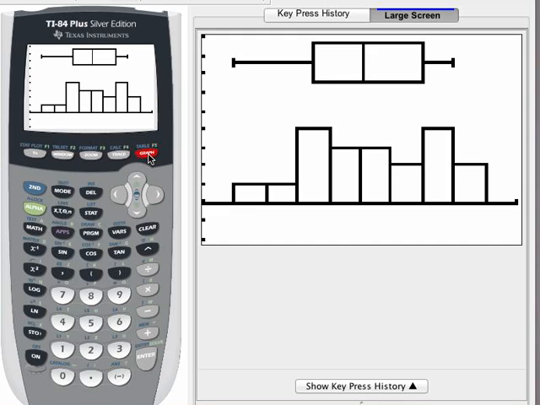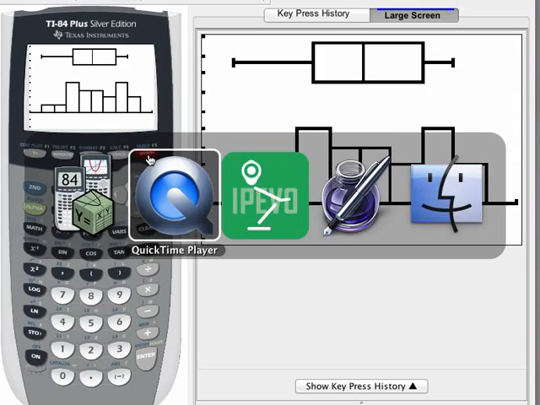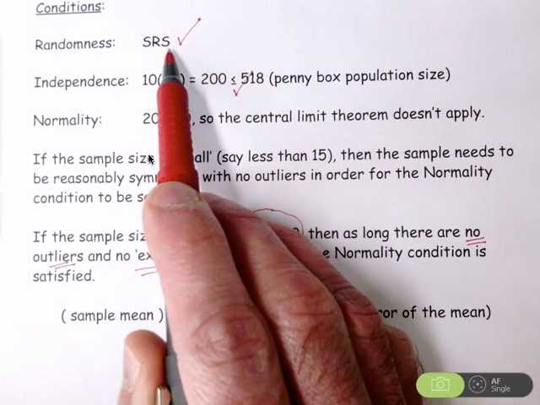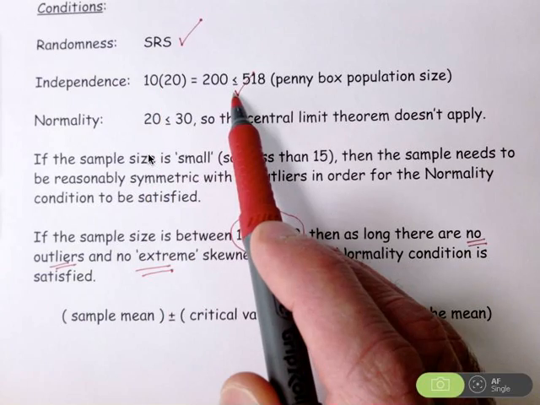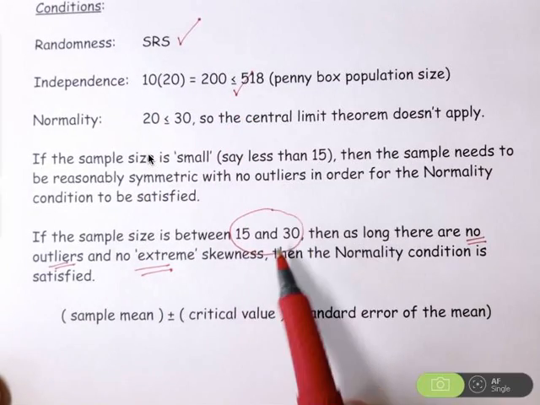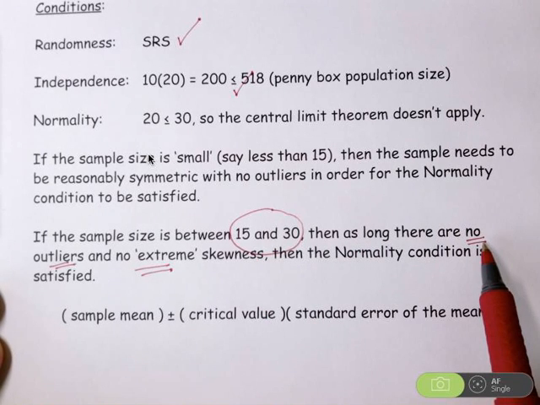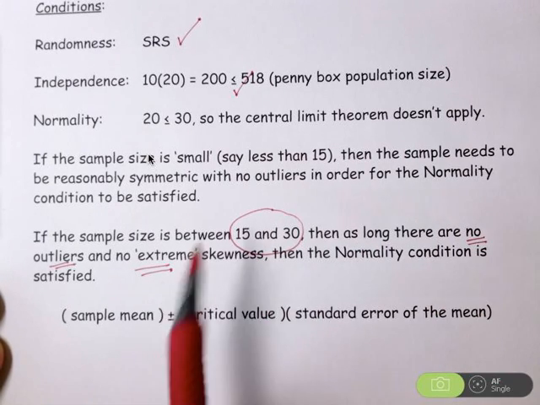So even though the central limit theorem here doesn't apply, I can still proceed by saying that my normality condition is approximately satisfied here. So if we go back, again, looking at the conditions, I have my randomness condition with no problem, the independence condition with no problem. So again, with a sample size of 20, there is no extreme skewness and there are no outliers.